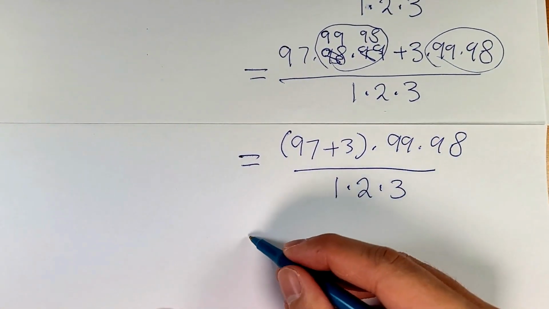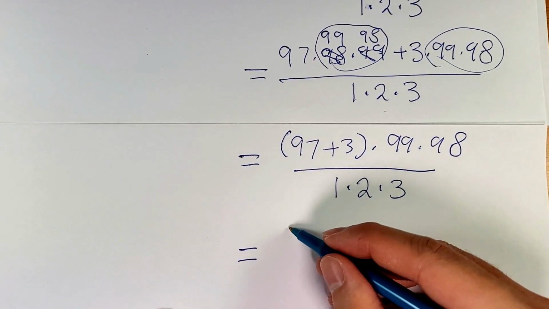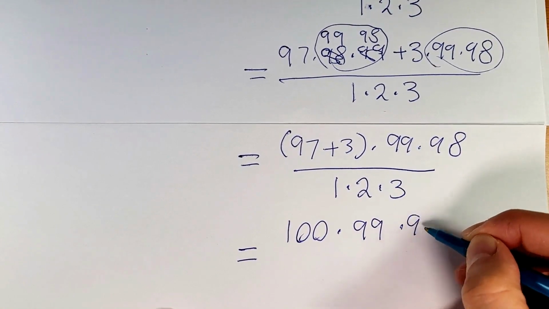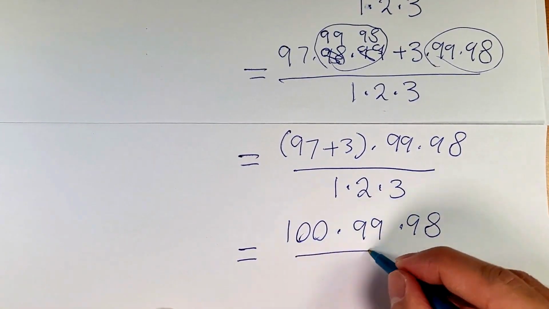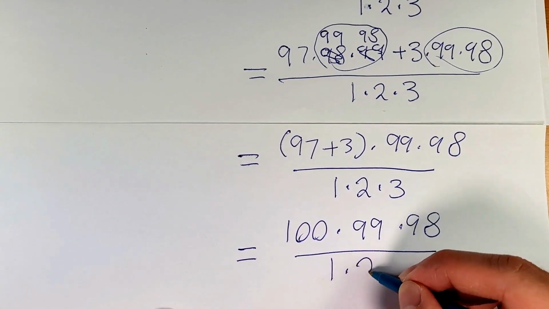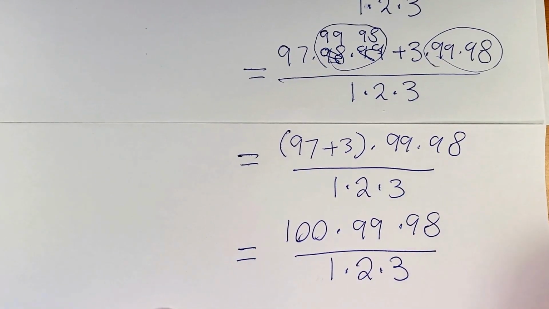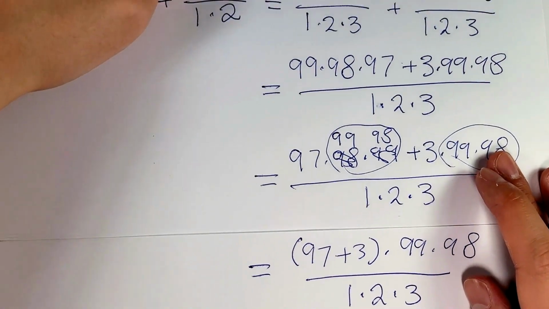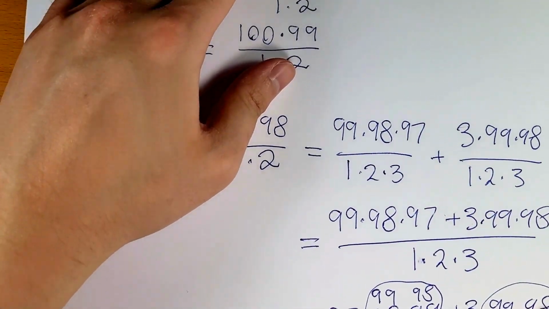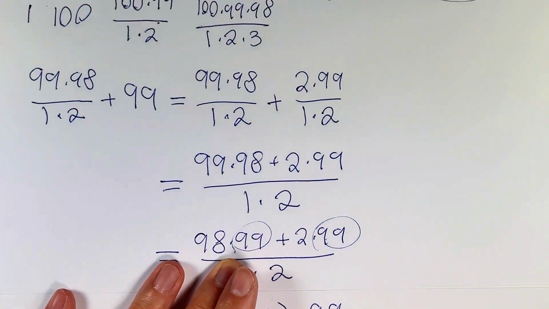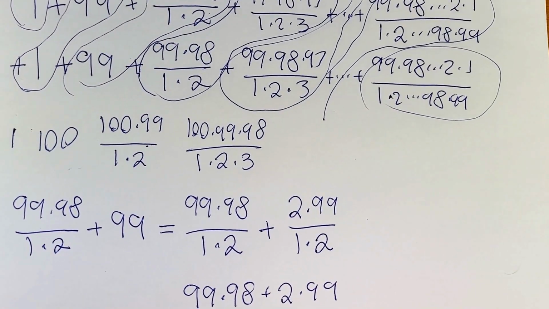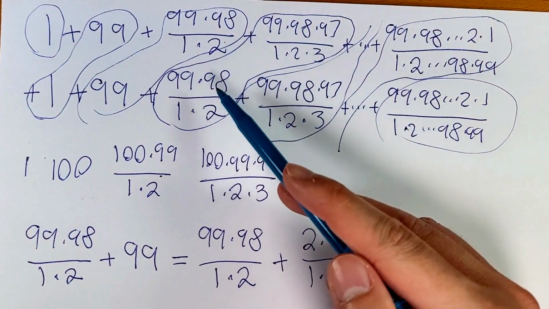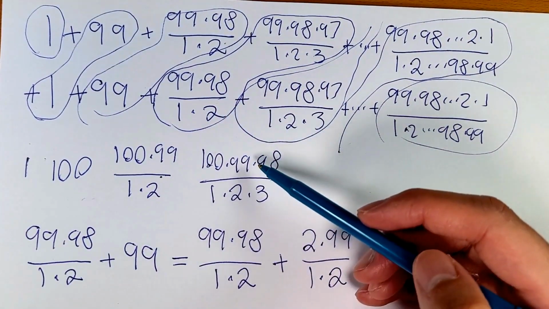And so I get 100 times 99 times 98 over 1 times 2 times 3. And so notice that this corresponds to this. You add these two numbers here, and that equals this number here.